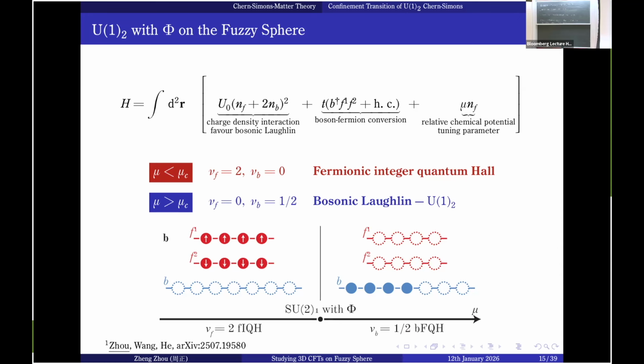There are only a few candidates that we know of that describe this transition between these two different phases. So it's a natural belief that this transition is described by the theory that we know of, but so far we have no evidence for that.